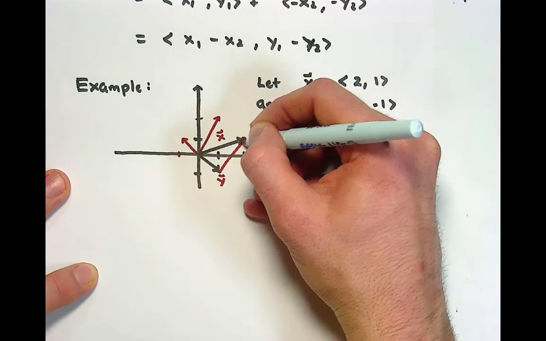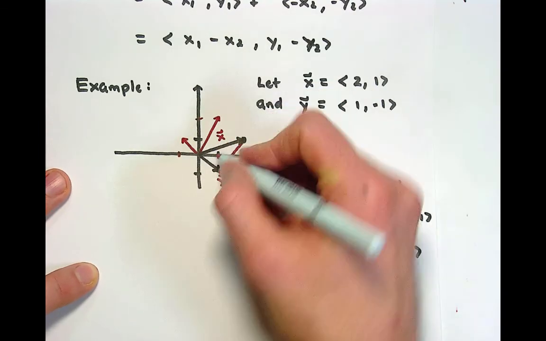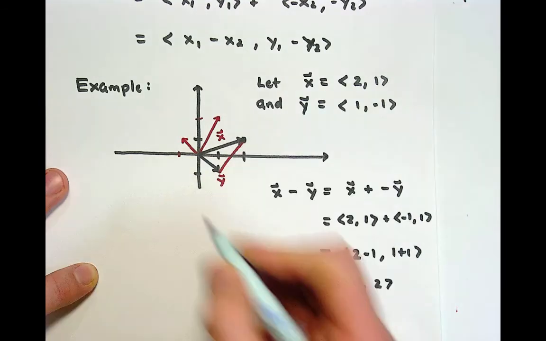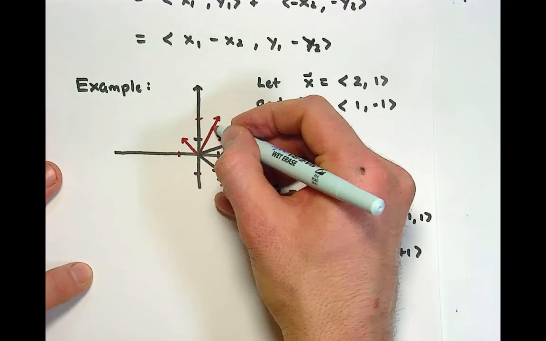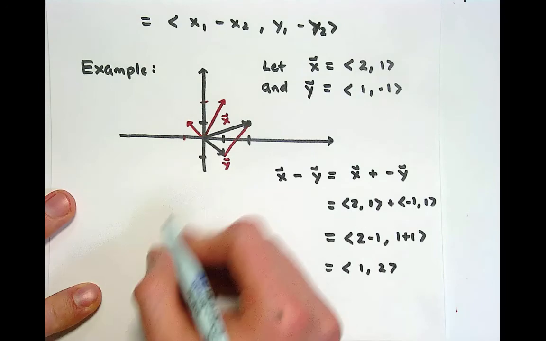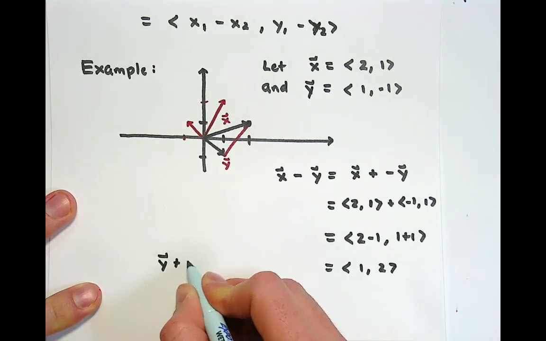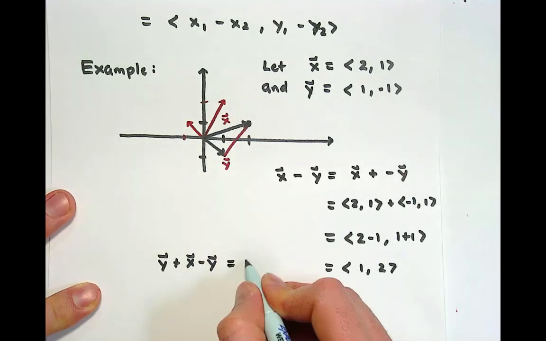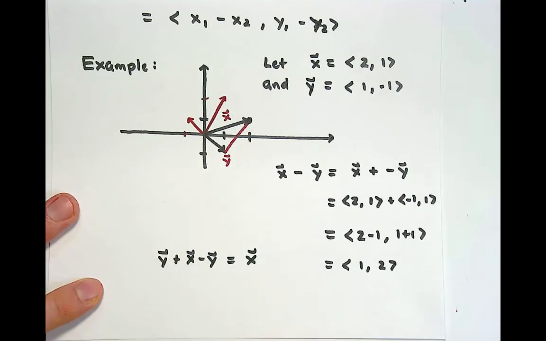And notice it's this vector right here. This vector starts at the origin. This vector starts at y. Right? Which makes sense. If I go y plus x minus y, I should get back to x, which is exactly what I have there, right?